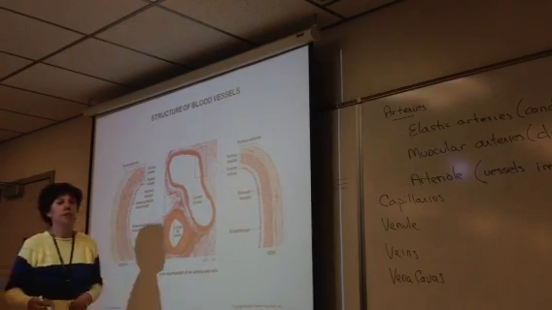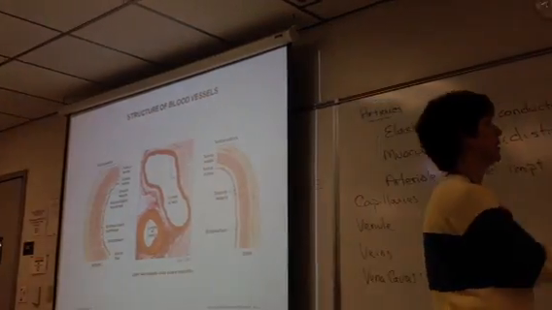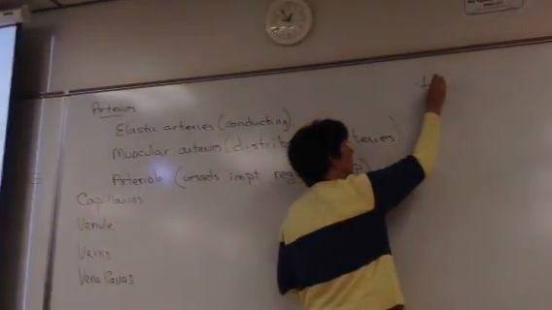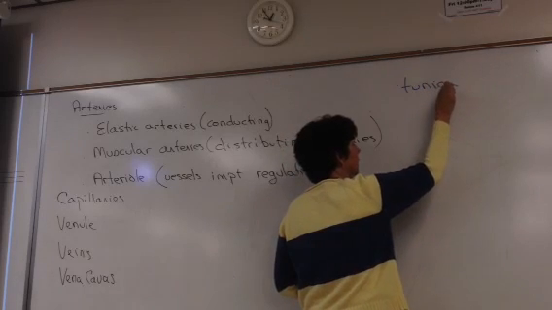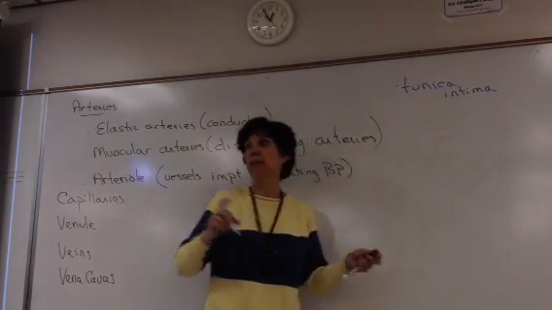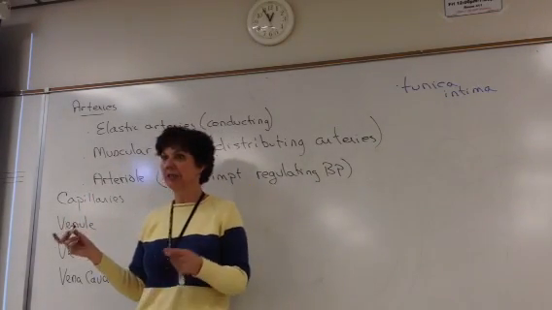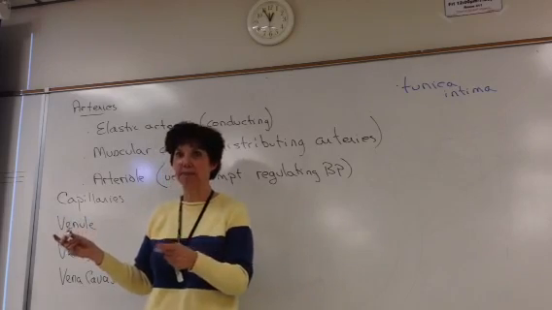So the 3 layers are identified as the 3 tunics. The lining is known as the tunica intima. That would be homologous to what layer of the heart wall? Either endocardium, okay?